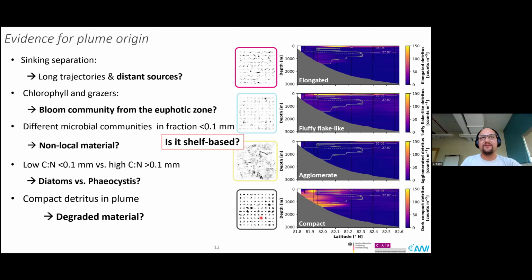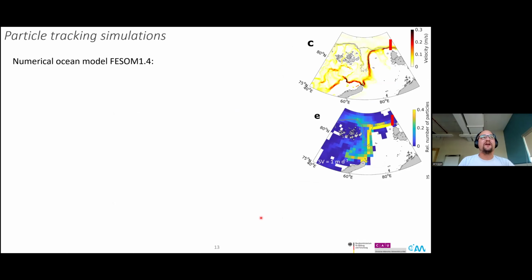And now we wanted to know, is it really shelf-based? So we applied a model, the so-called FESOM model, finite element sea ice ocean model, which is a numerical ocean model. And we did some particle backtracking. So this is again our transect close to St. Anna Trough here. And you see already that the main current field from the Barents Sea is crossing our transect.